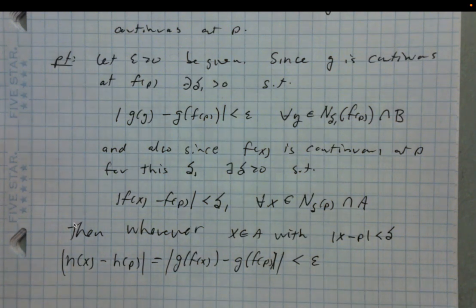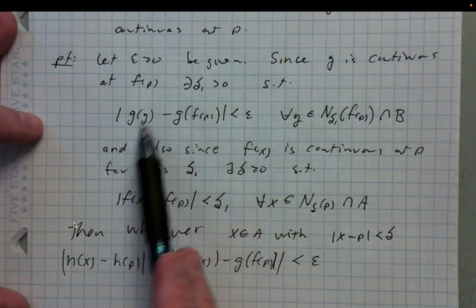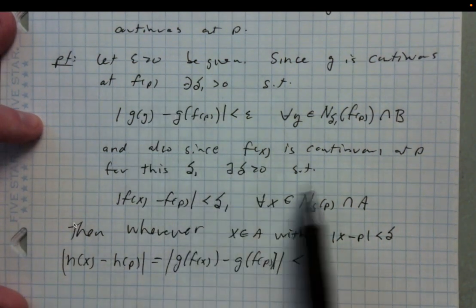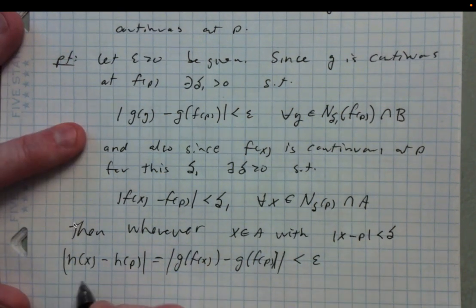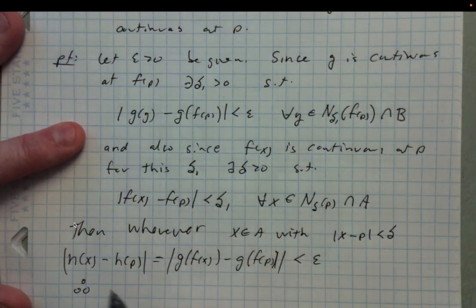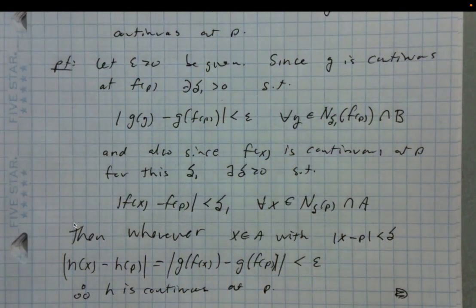And that's just the definition, right? So h is just a function, and this all kind of shows. So given an epsilon, a delta 1 greater than 0 must exist, and given that delta 1, you've got a delta that must exist. So all of these things are kind of shrunk down, and you get this daisy chain. So therefore, h is continuous at p. Okay, so that's a nice proof.